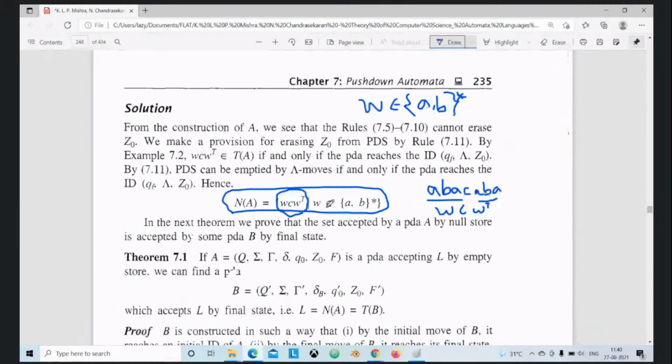So for this, let us take our string A, B, B. Tell me what you want to do with this A. Whether you want to push it into the stack or not.